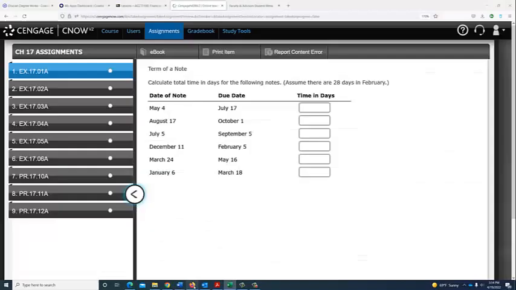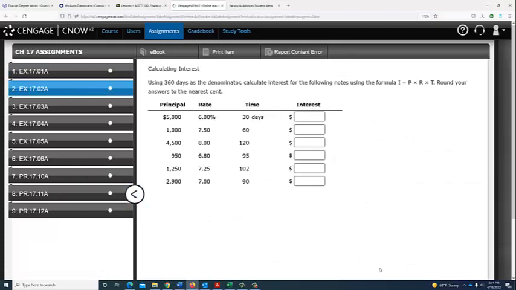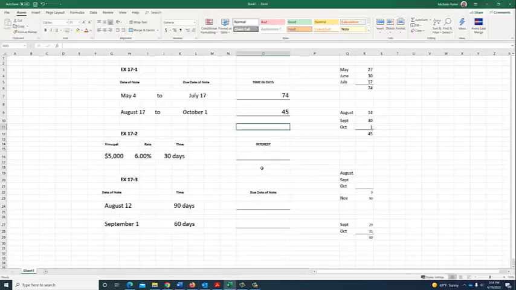So next we go to exercise 17.2, and we're just going to calculate the interest there, and I also have that on a spreadsheet. You remember that your formula to calculate interest is the principal times the rate times the time.